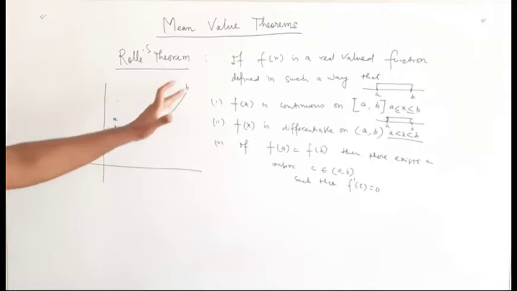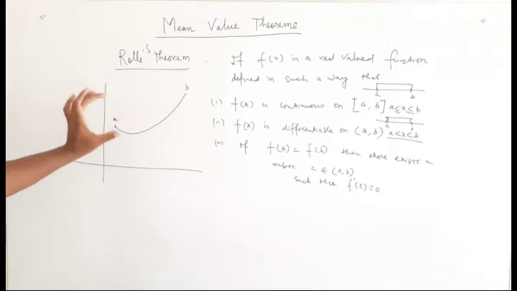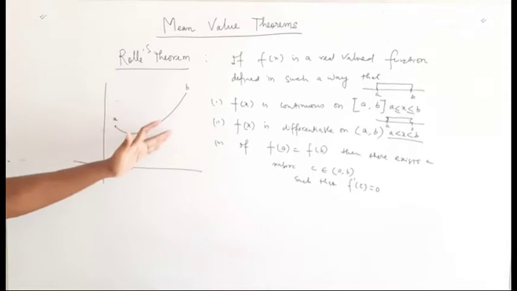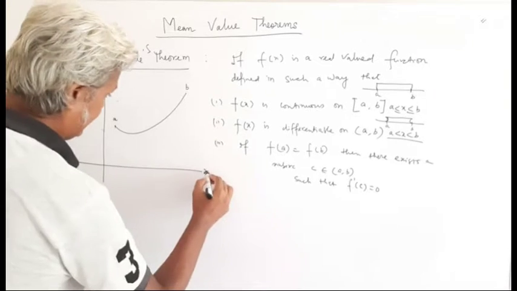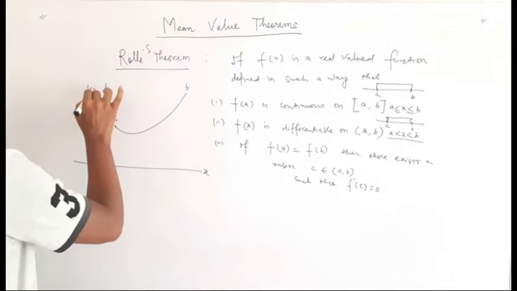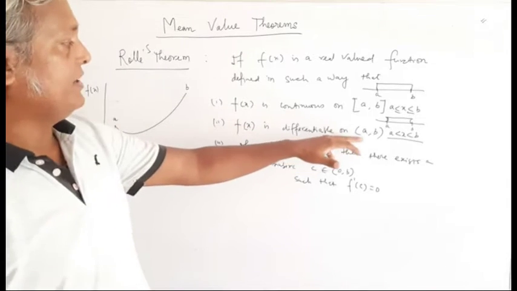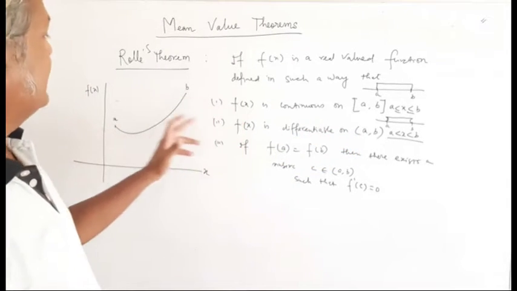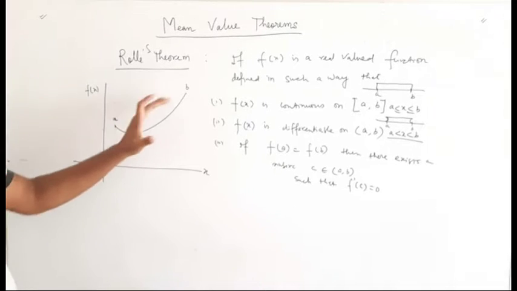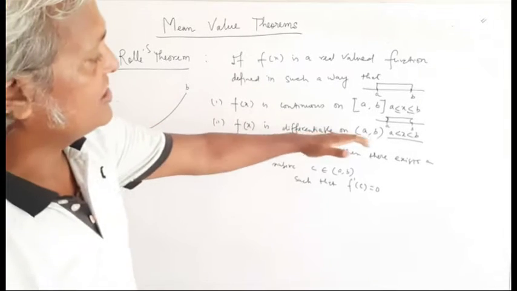It means it should be continuous everywhere. There is no break in the graph of this function. This is my x-axis, this is my f(x). That is the first condition. The second condition is that it should be differentiable, that at each and every point within the domain of a and b, the differentiation should exist.